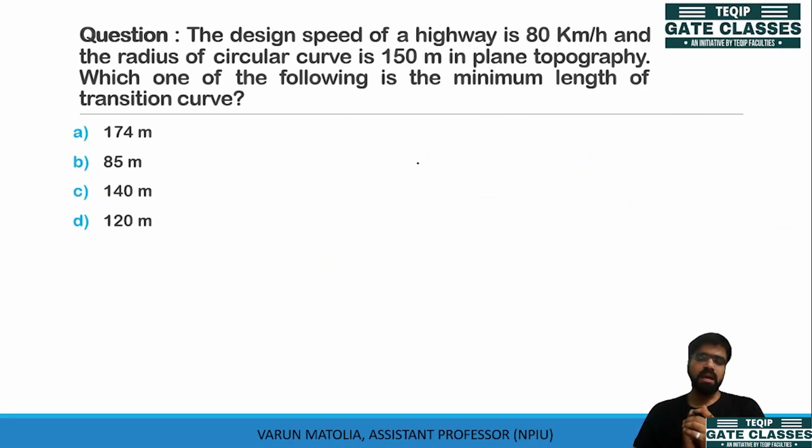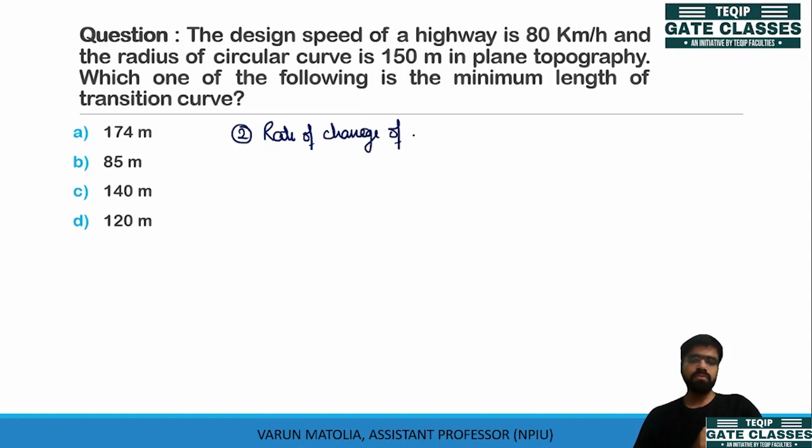So as per assumption, they want us to calculate the transition curve by the second and third formula. The second formula is by the rate of change of centrifugal acceleration, where transition curve length can be calculated as V cube by CR.